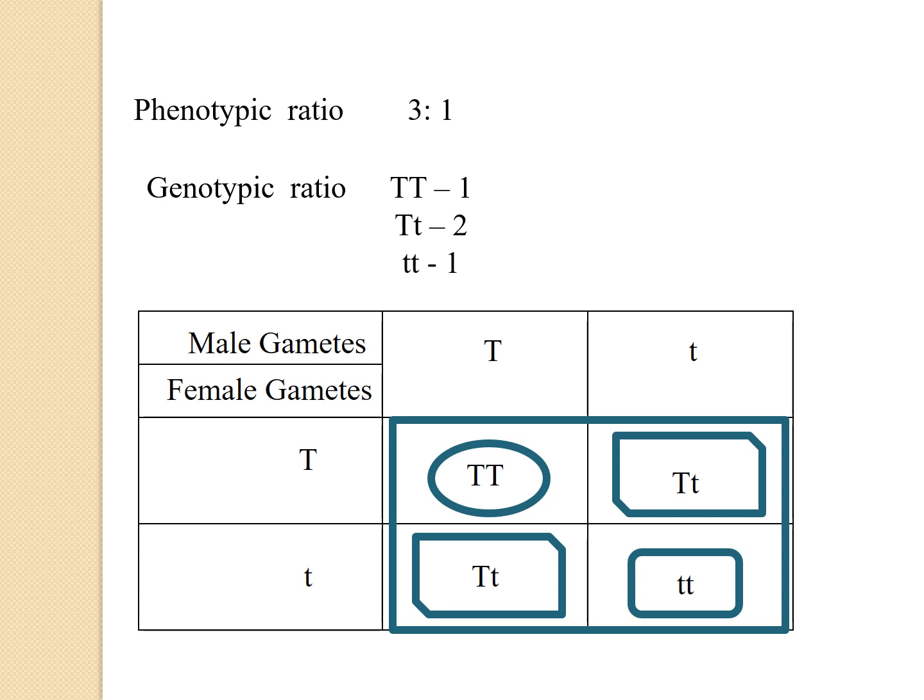Homozygous dominant is 1, heterozygous is 2, and homozygous recessive is 1. So my genotypic ratio here is 1:2:1. Now this is simple. Why? Because you're considering a monohybrid cross. That is why it is simple. Today, when you're going to learn about dihybrid cross, the entire process remains the same.